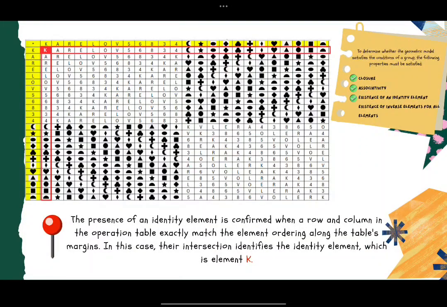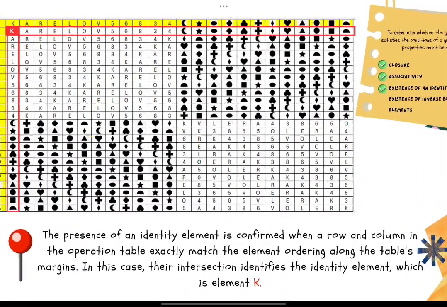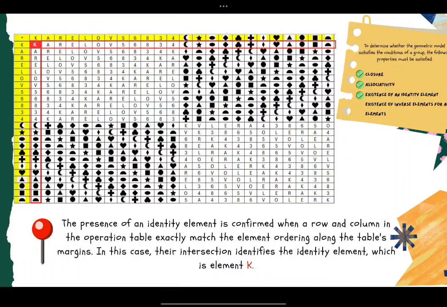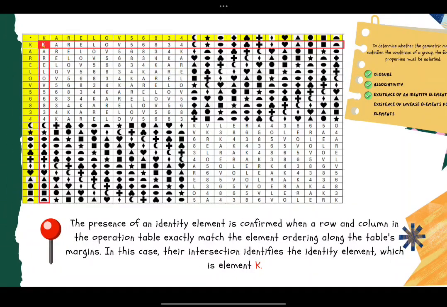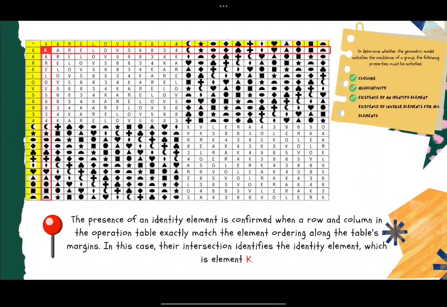So for you to better understand, here is the visualization. As we can see, the results that were boxed na red, okay? At saan sila nag-intersect? Dito sa K. Dito sila nag-intersect sa K. So, the identity element is K. The presence of an identity element is confirmed when a row and a column in the operation table exactly match the element or the ring along the table's margin.